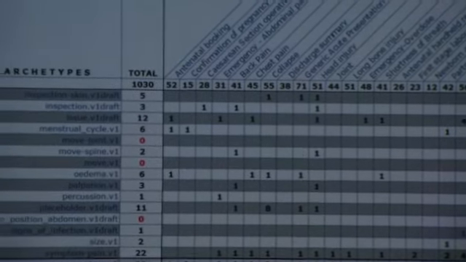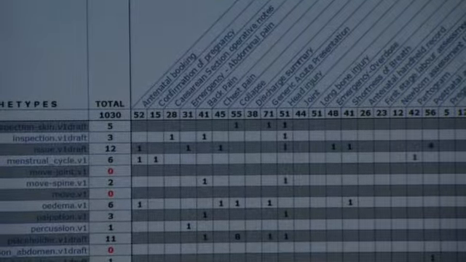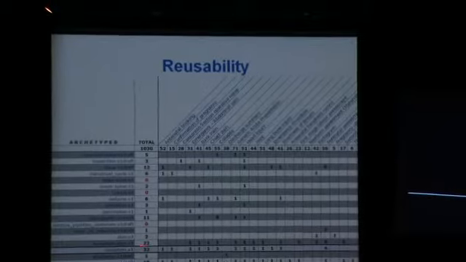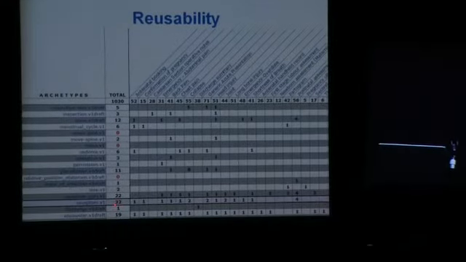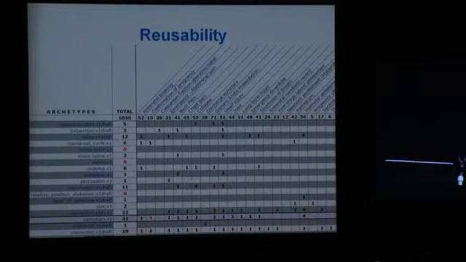So, for example, for the symptom archetype down here, it's been used 32 times, and I think there are about 45 templates. You can see it's been used once in this one, once in this one.